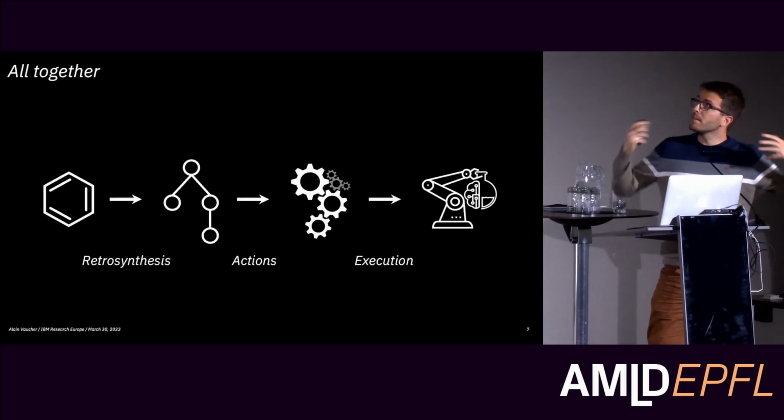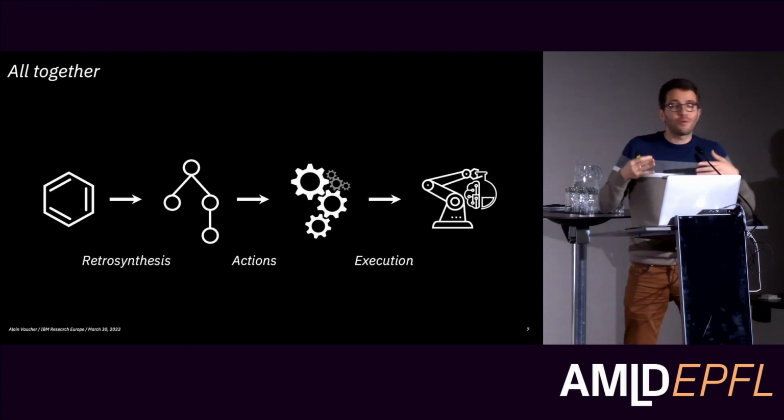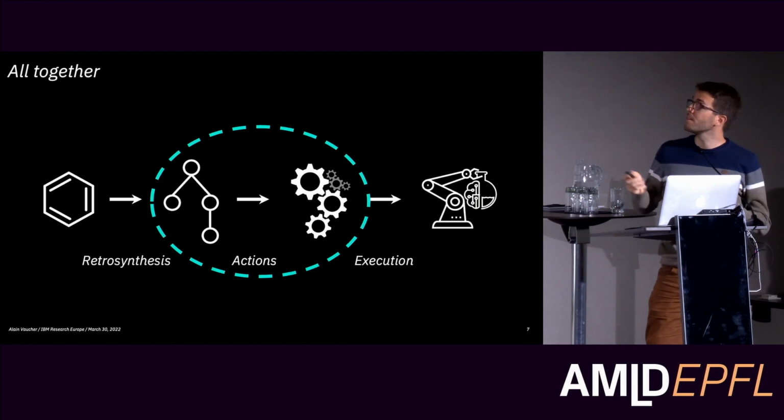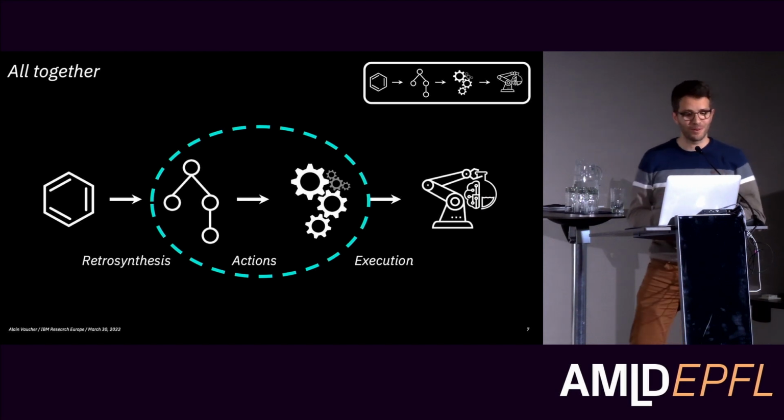If I put these 3 steps together, this represents, in principle, what I will be talking about in this presentation. So I will go over all 3 steps with an emphasis on the second one. And to keep it clear where I am, I will keep this at the top of the slide.